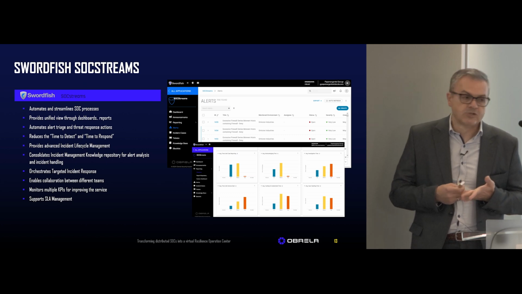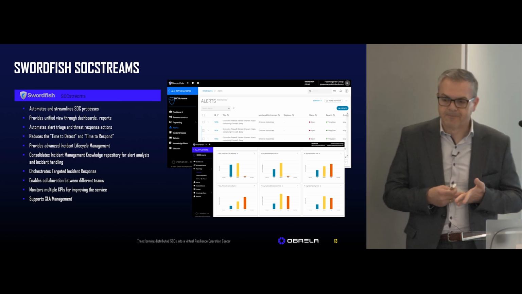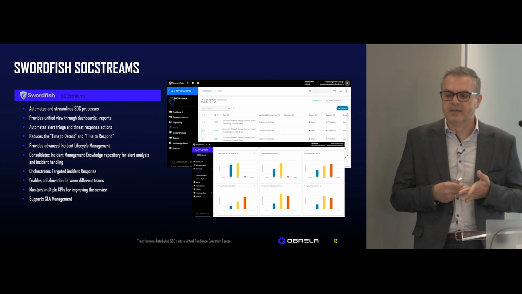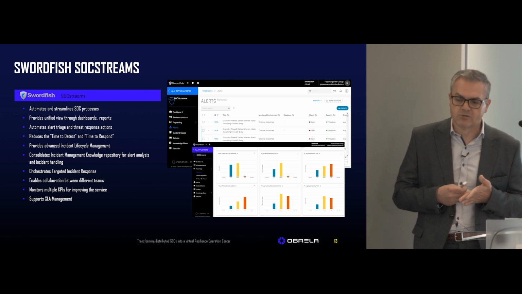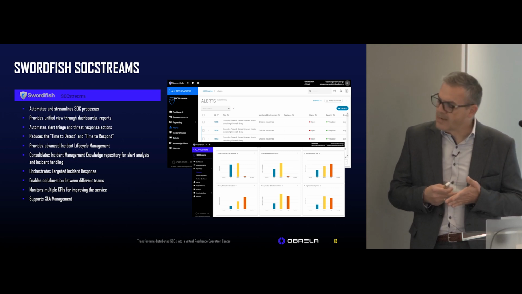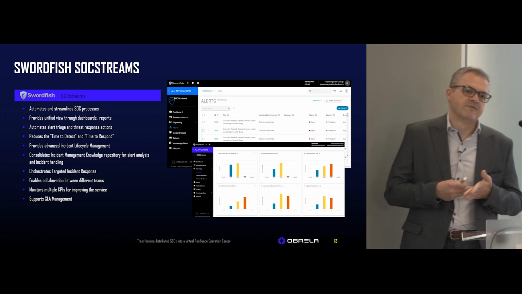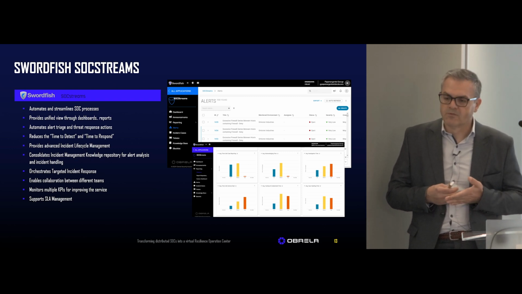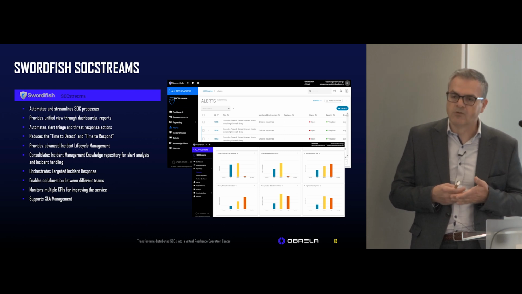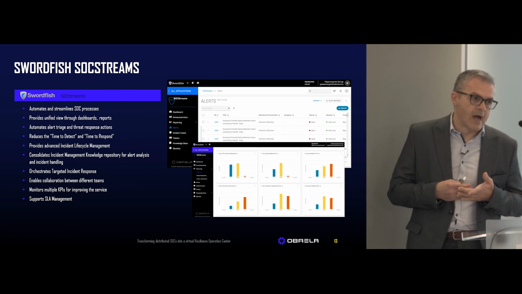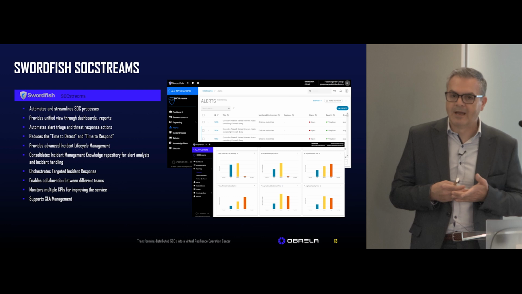ROCs need to invest in tools with SOAR capabilities, tools which achieve synchronization of MDR and threat intelligence capabilities across locations for orchestrated investigation and response. For example, SOC streams, part of Obrela's service delivery platform called Swordfish, provide SOC teams with centralized visibility into security data of multiple customers in multiple regions and actionable insights into the incoming alerts, in real time, of course.